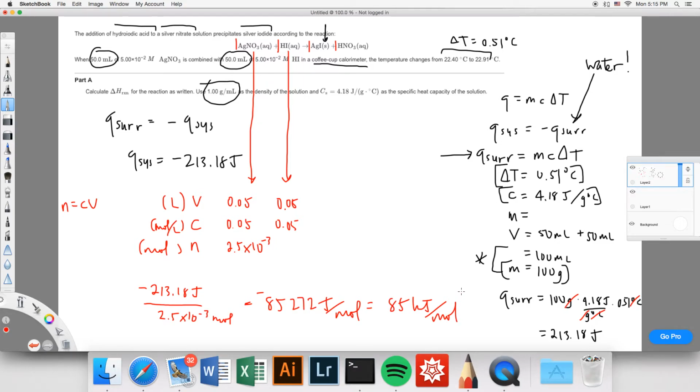And when we write this in the computer, because it's the delta H of the reaction, right? That's per 1 mole of reaction. So we're simply going to write it's minus 85 kilojoules, and that's going to be our answer. Okay, hope that's helpful.